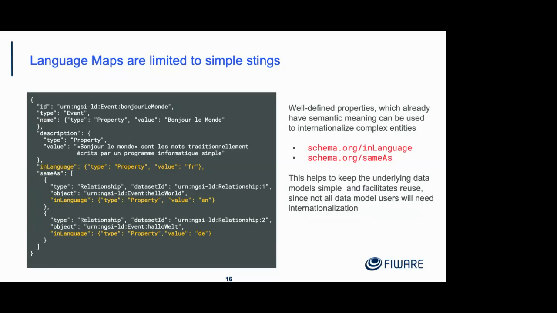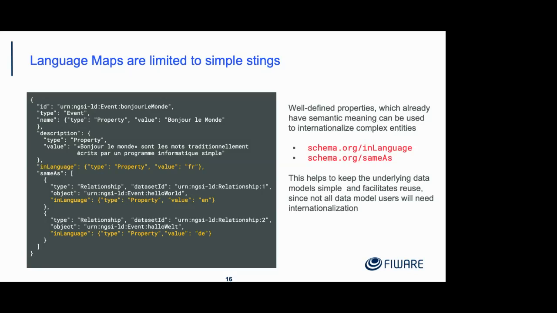There are already well-defined properties with semantic meaning for internationalization, which have been defined within schema.org, and they should be used in preference to trying to manipulate a language map and then say put a URI in there because I want that to relate to another object or something obscure like that.